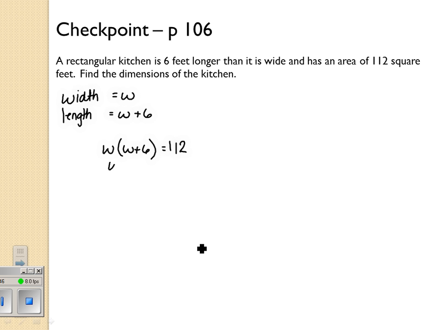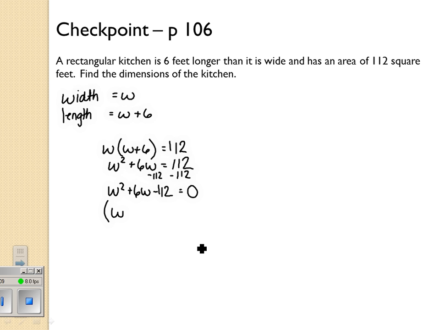So W times W, W squared. W times 6 is 6W, equals 112. If we bring 112 over to the left-hand side, we get a quadratic that we can look to see if we can factor or use one of our other solution techniques to solve.